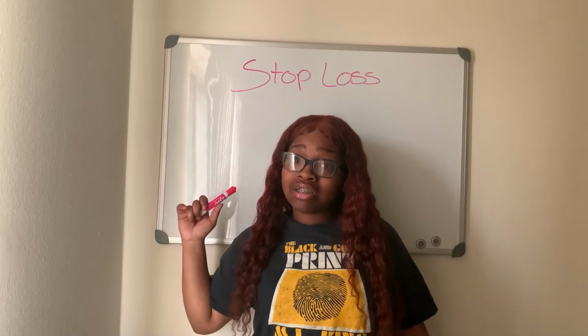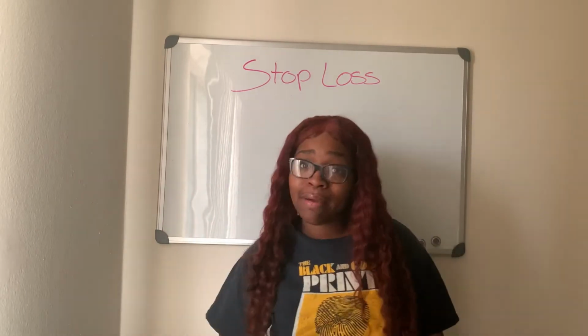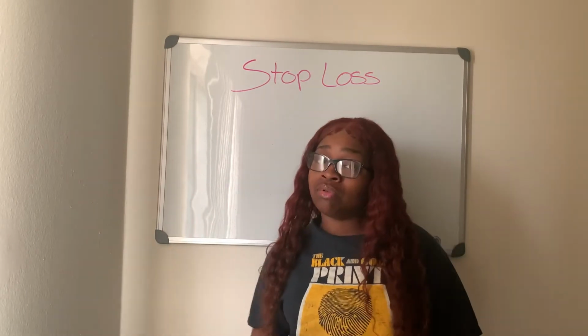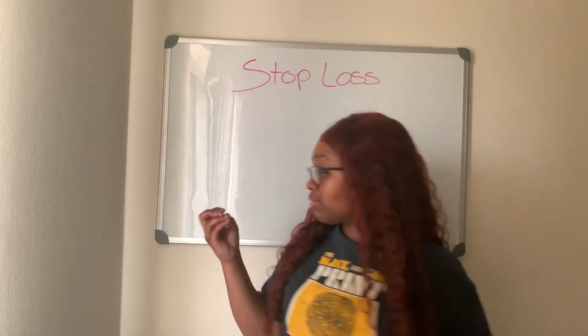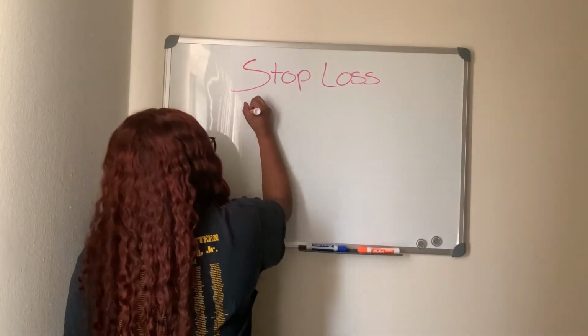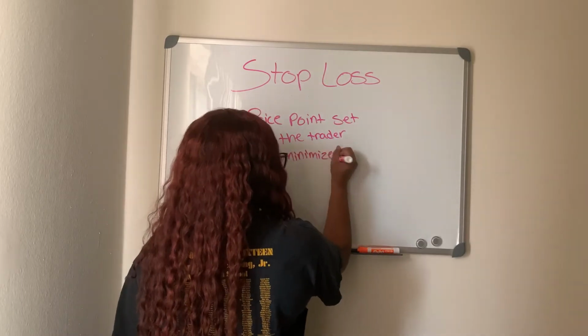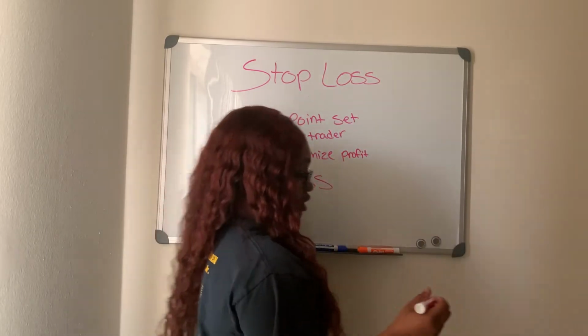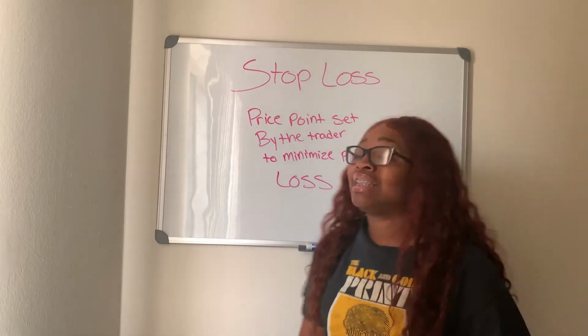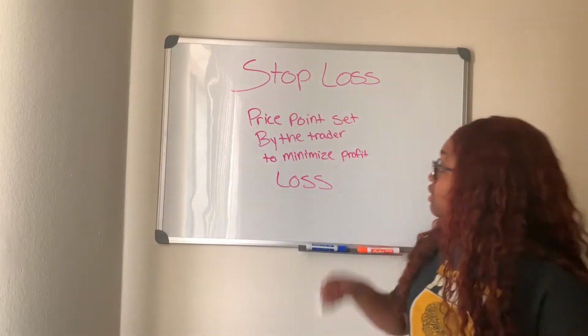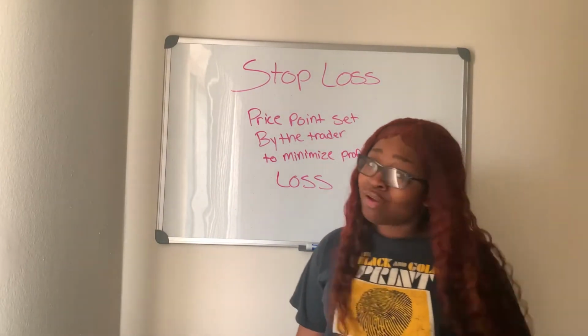Now, stop loss is something that you don't want to hit, but a stop loss can actually help you as well. Boom. That's the Autumn version. That's the Autumn definition. Y'all feel me?